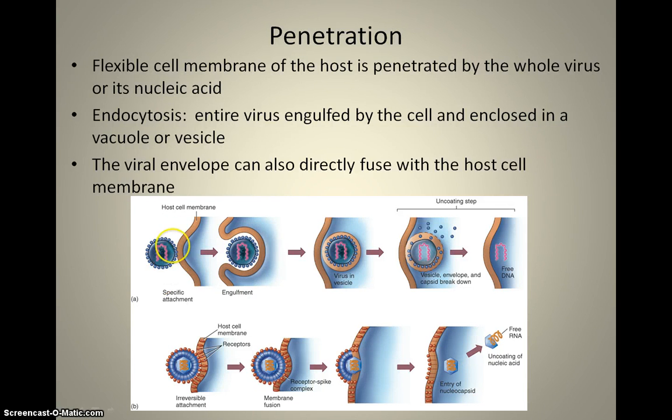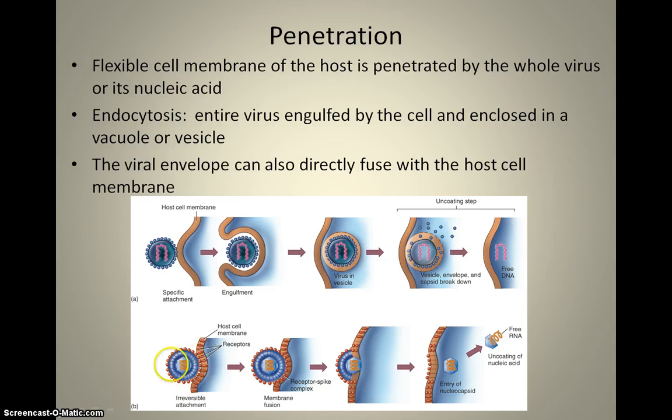So you can see here it's non-enveloped, it's attached, the membrane surrounds, and you've created this little vesicle that the virus is now in. And what then needs to happen is somehow that needs to be released. The DNA needs to be released so the copying can happen. And that's the next step. We'll get to that in a minute.